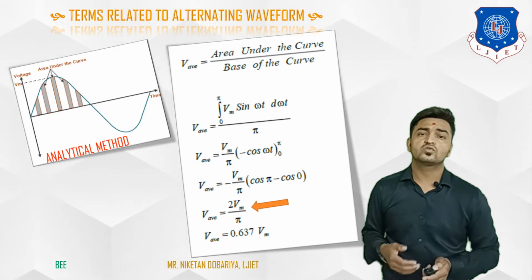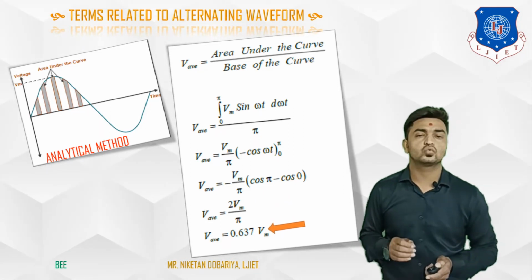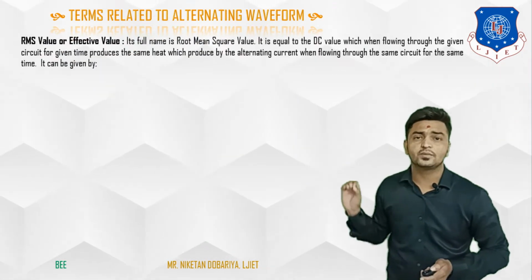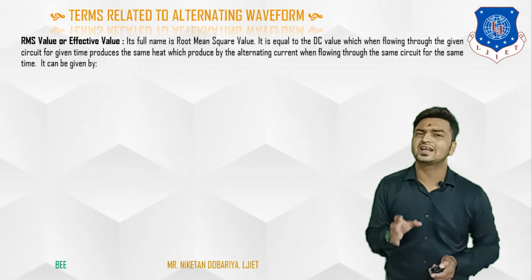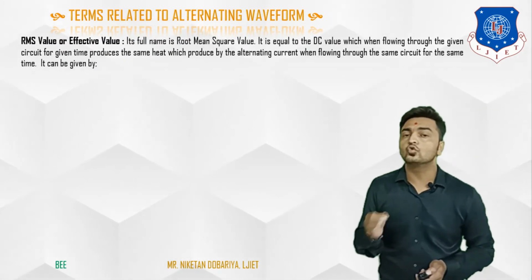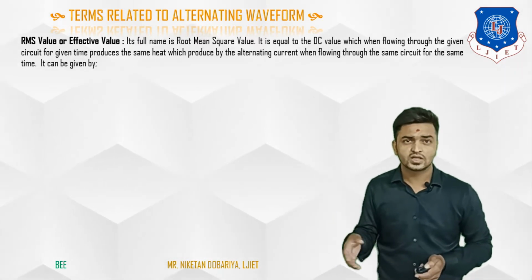Now we are going to start the next term, and that is RMS value. First of all, what is RMS value? The full form of RMS is root mean square. Now how to define RMS?